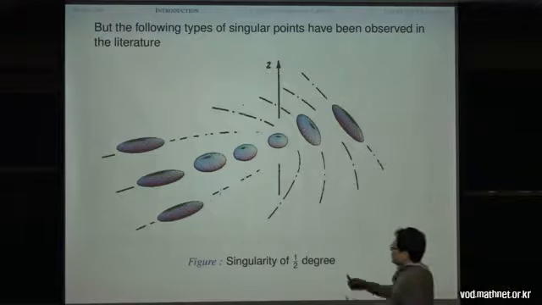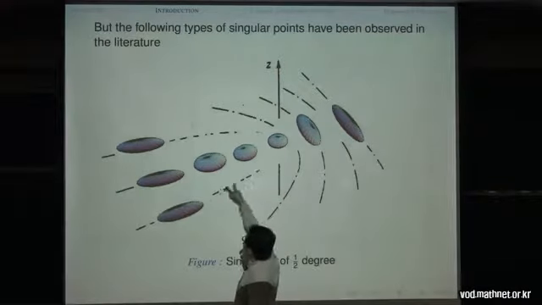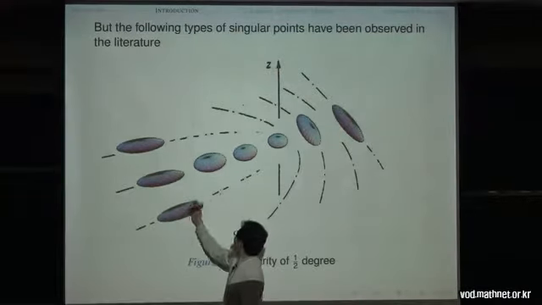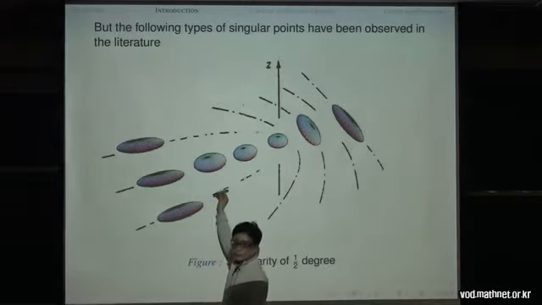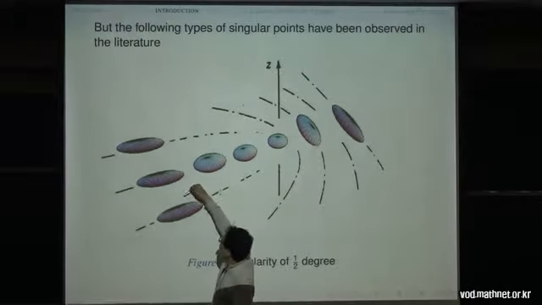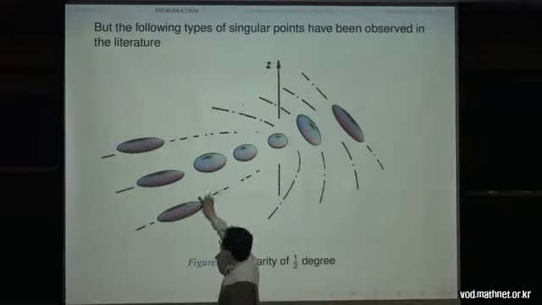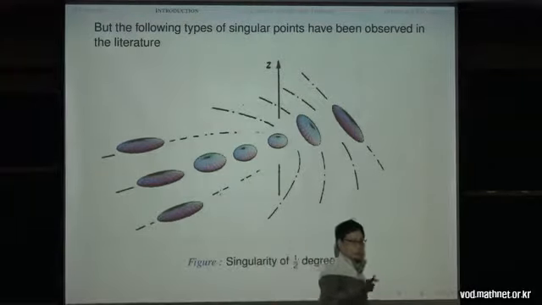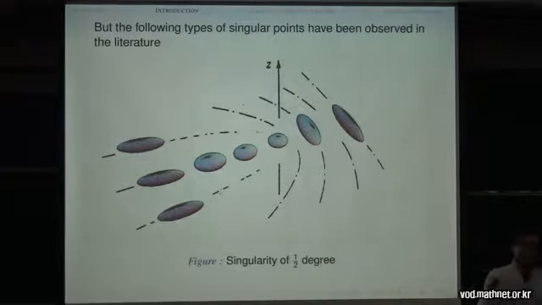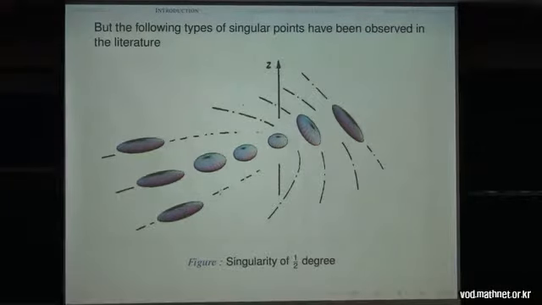So then what happens along this line? On this side, all molecules point in this direction, and on the opposite side, all molecules point in the opposite direction. So when you compute the Oseen-Frank energy along this line, it becomes infinity. Which means this type of singular point does not appear in the Oseen-Frank energy.